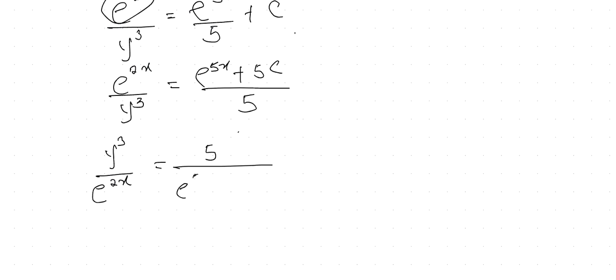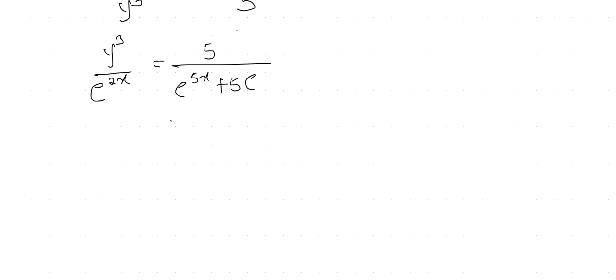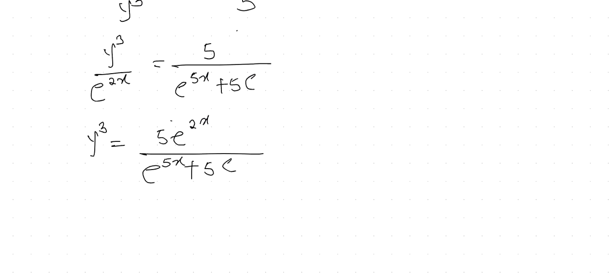By the time you cross multiply, we have y raised to the power of 3 equal to 5e raised to the power of 2x over e raised to the power of 5x plus 5c. So that is our answer.